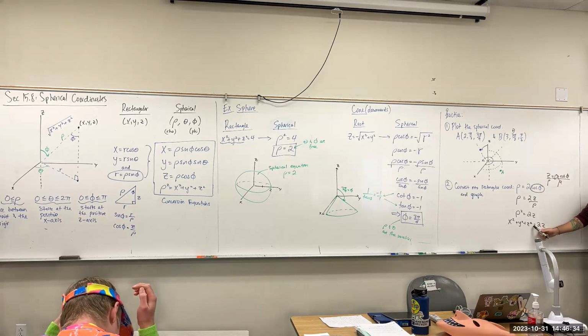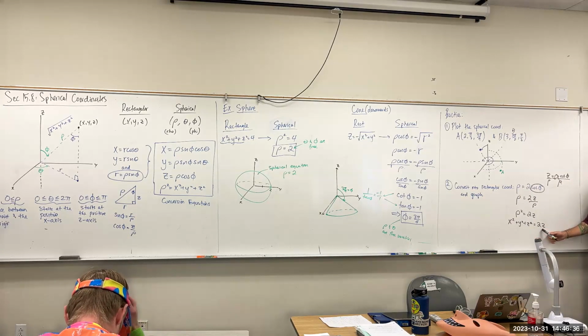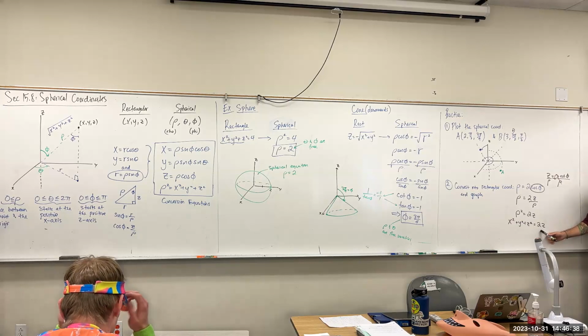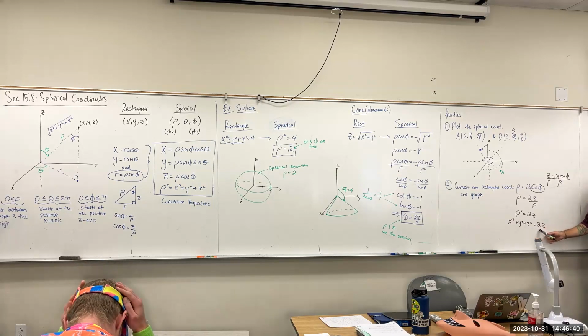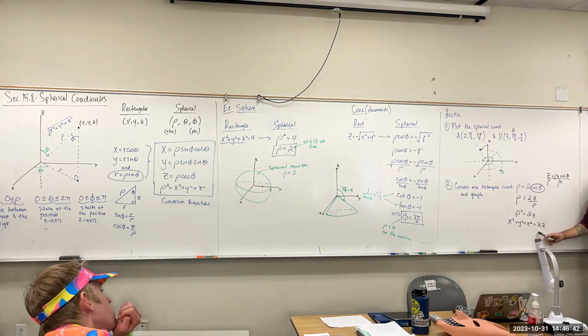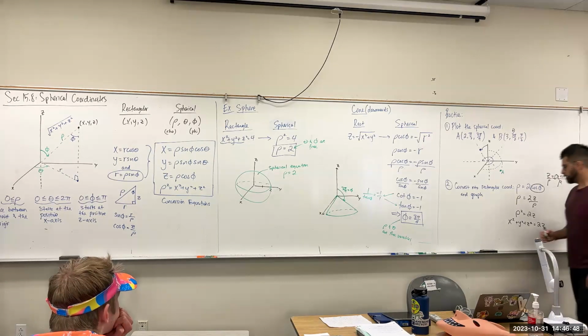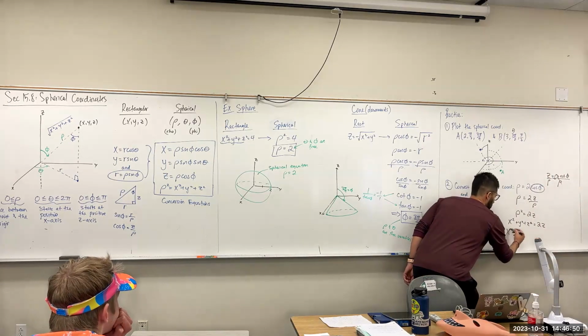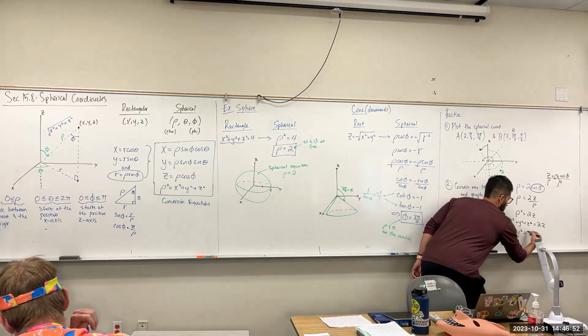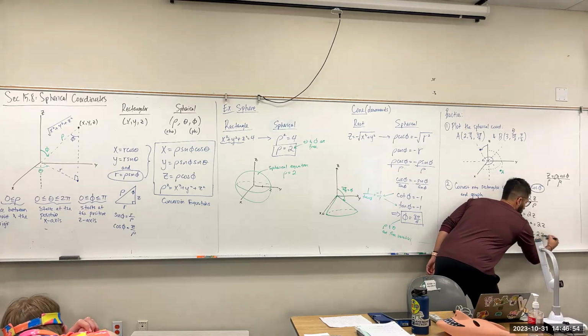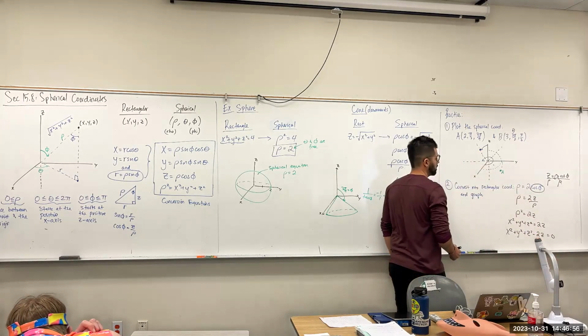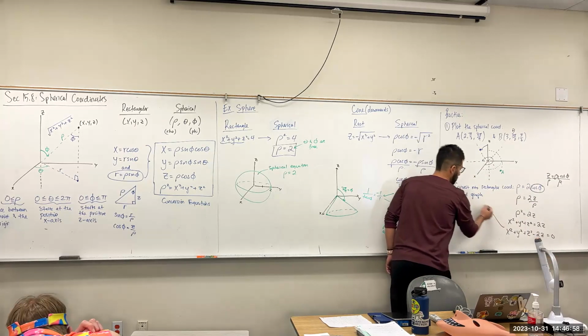Okay, oh wait, I realized something. Can you complete the square at some point, Sam, is that what you're going to say? Yeah. So what would you do to start doing that? Subtract 2z from both sides, and add 1 to both sides.